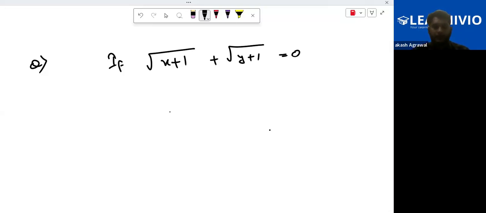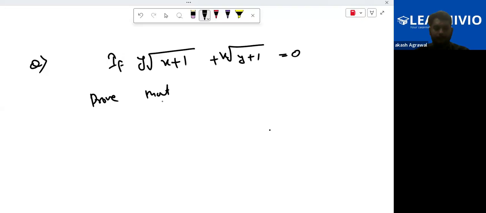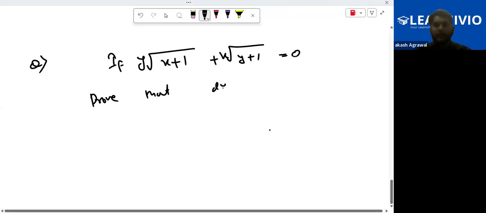It should be y root 1 plus x plus x root 1 plus y is equal to 0. Prove that dy by dx is equal to minus 1 upon 1 plus x whole square. Okay, try to solve it.